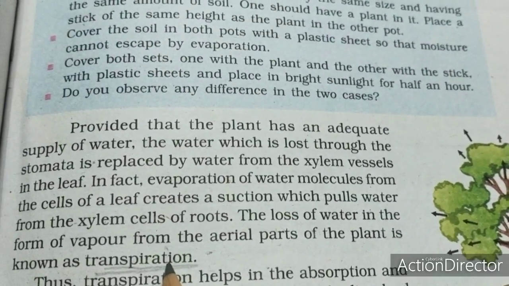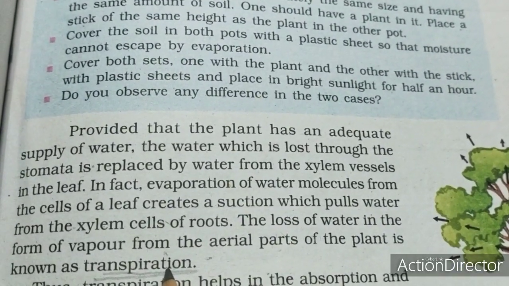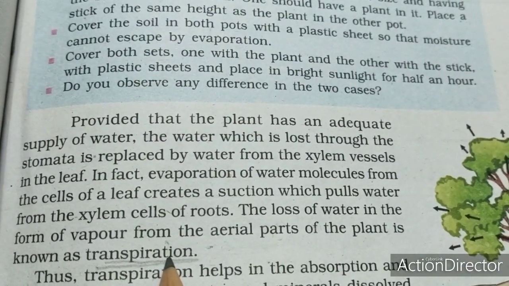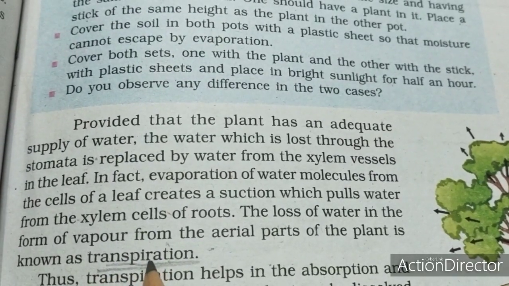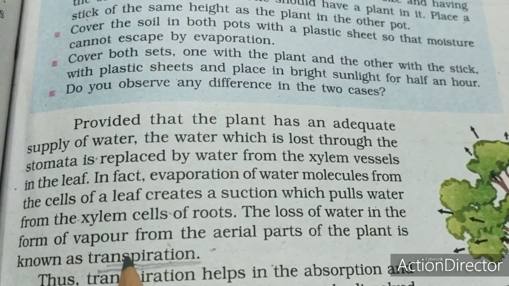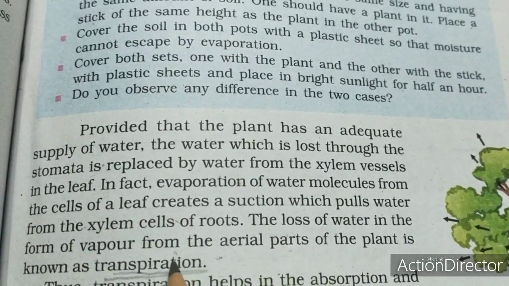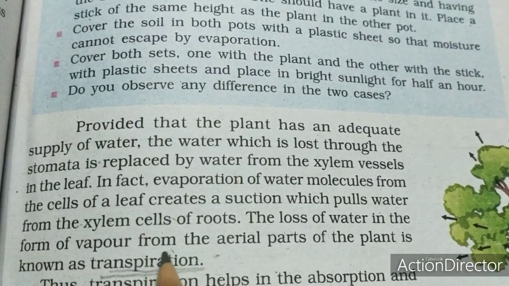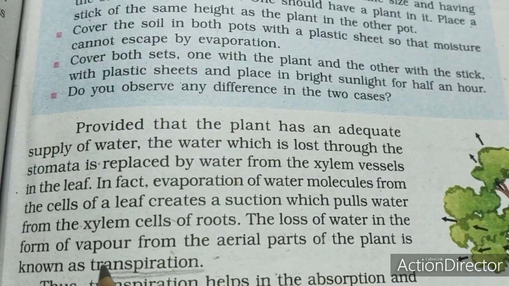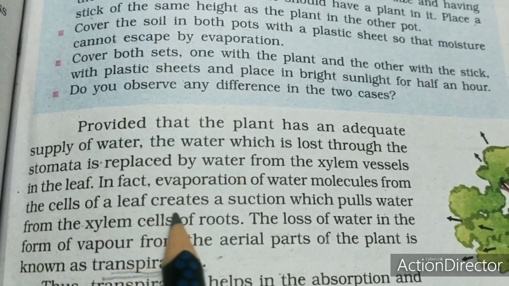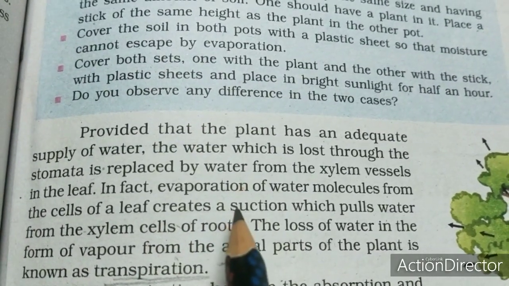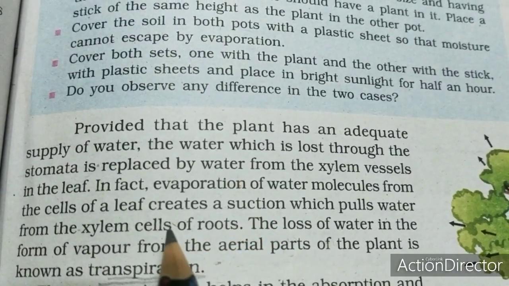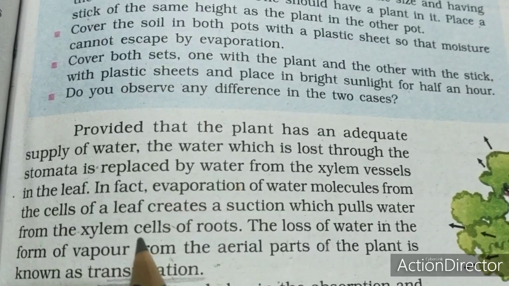How does this transpiration help in the process of movement of water? Due to the loss of water, we know that during the process of transpiration, the water is lost in the form of vapors from the plant body. So whenever the evaporation takes place, the water molecules escaping from the plant body as water vapor create a pressure inside the plant body.